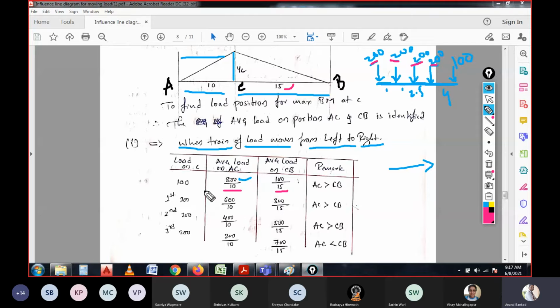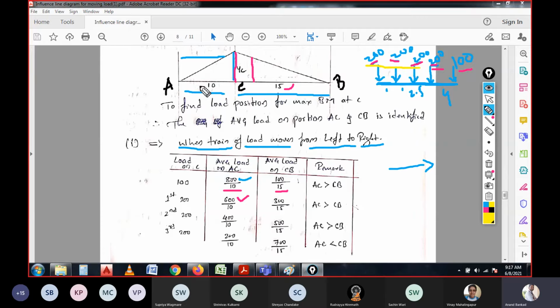And in the second case, our second load is 200 kilonewton on the section. The 100 kilonewton will be passed to the next span, and the remaining load will be 600 kilonewtons. This 200 and 100 is on the span of BC, and the remaining three loads of 200, 200, 200 will be on the span of AC.